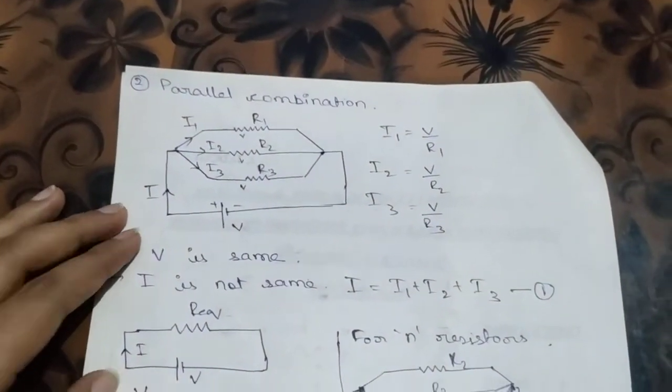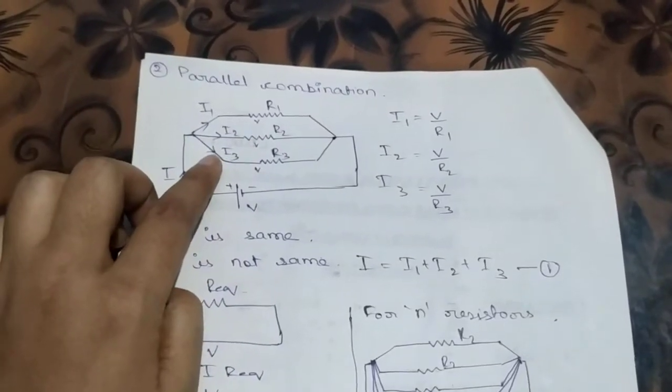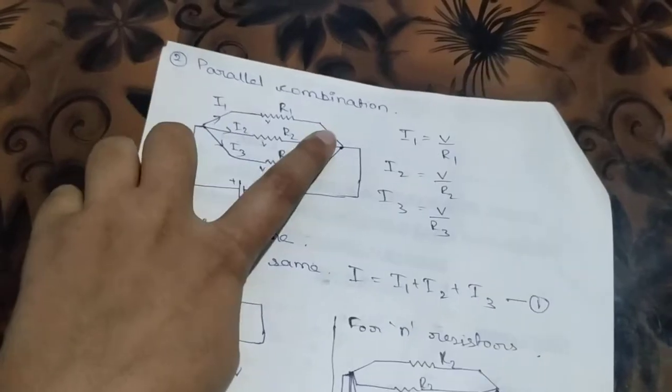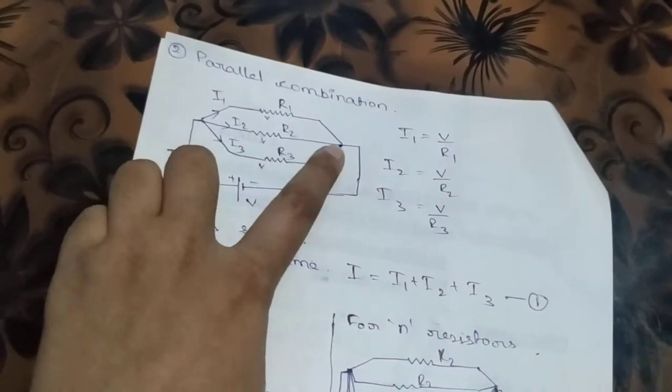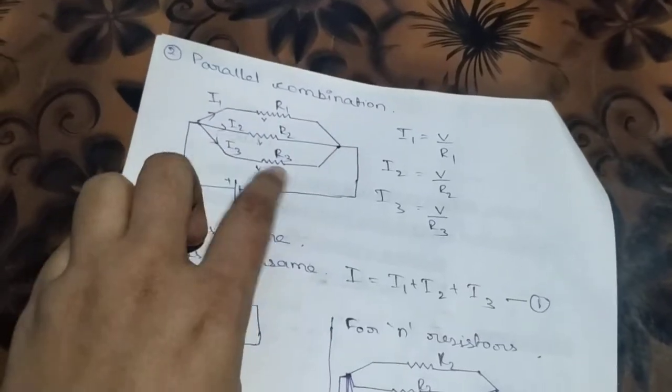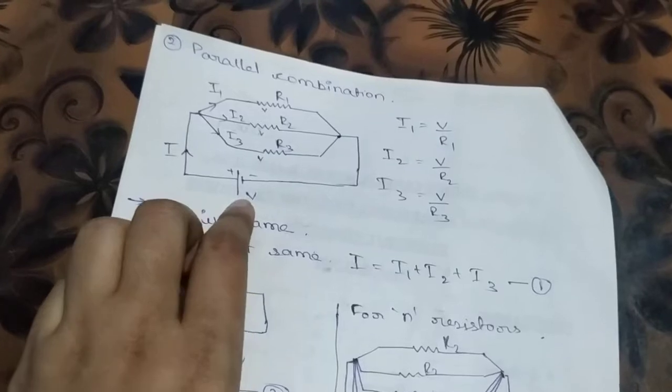Now the next type of combination is parallel combination, in which the resistors are connected like this. The ends of each resistor are connected at a common point. So here R1 is connected here, R2 is also connected, R3 is also connected here. If potential difference V is applied here, it means V is applied across these 2 points.